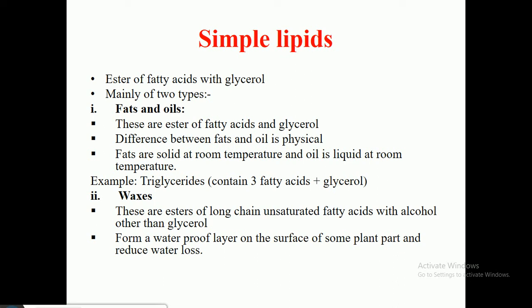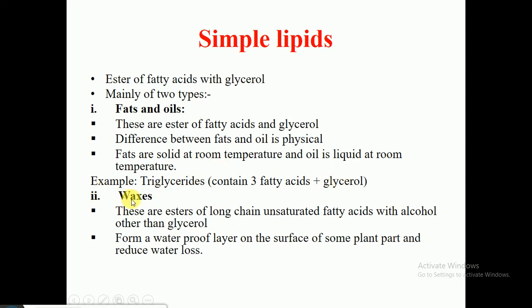The room temperature varies from 25 to 30 degrees centigrade. For example, triglyceride. Look at here, the triglyceride contains three fatty acids plus glycerol.